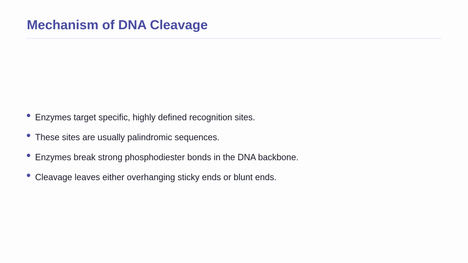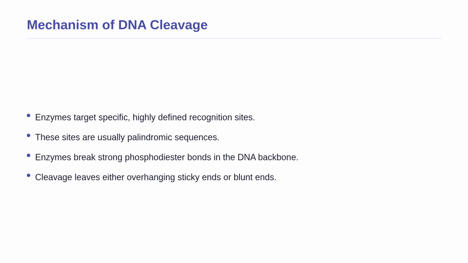So, how exactly do these enzymes make their cuts? Restriction enzymes do not just cut anywhere. They cleave DNA molecules at specific, highly defined sequences called recognition sites. Interestingly, these sites are usually palindromic, meaning they read the same forwards on one strand as they do backwards on the complementary strand.